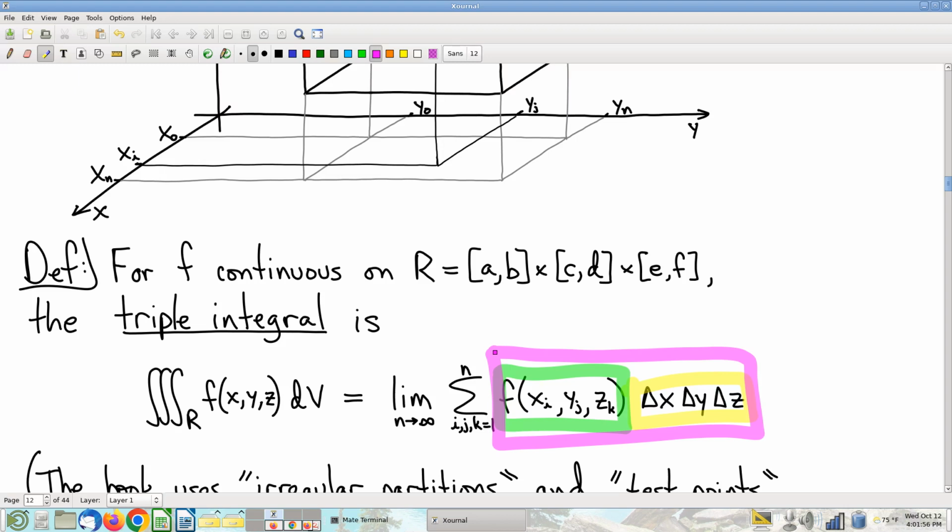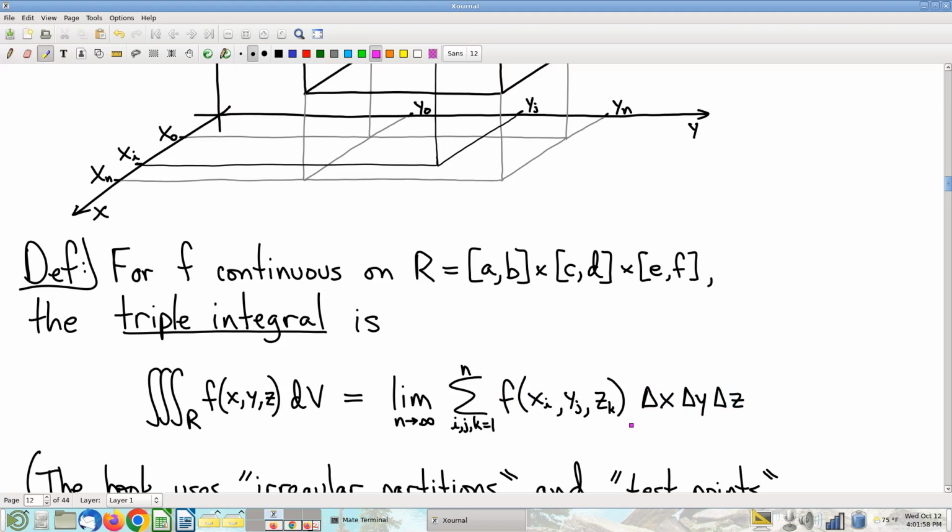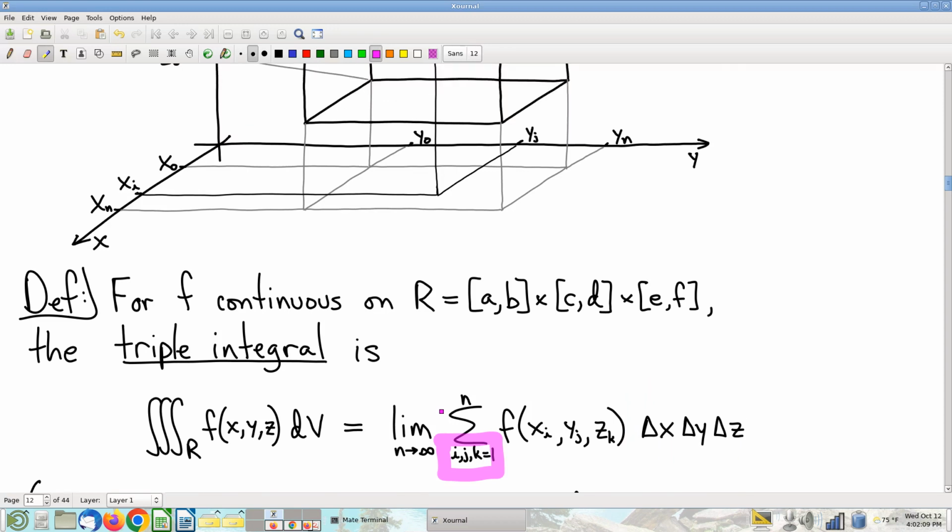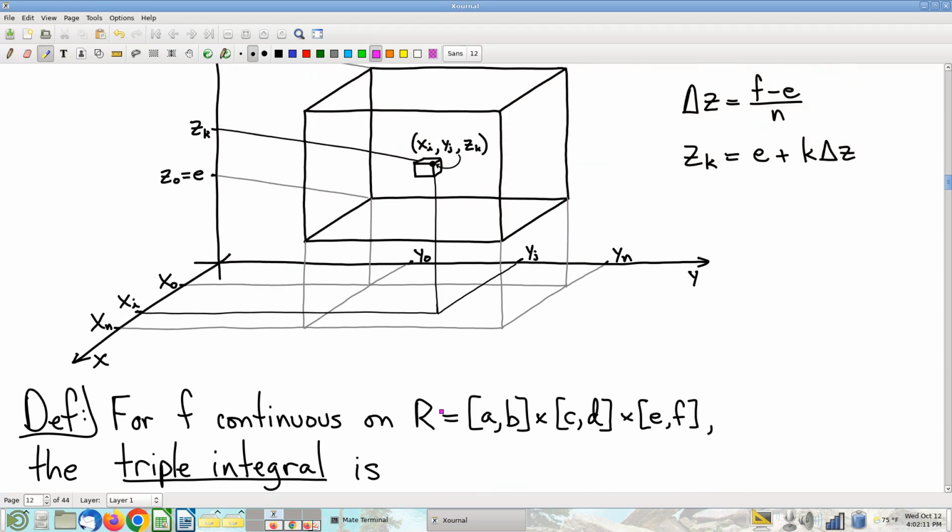And this is a different kind of Riemann sum. This is not a double integral. We're multiplying by volume, not area. We're adding up in three different directions, because I've got to add up all the way across for all values of x, all the way over for all values of y, and all the way up for all values of z.